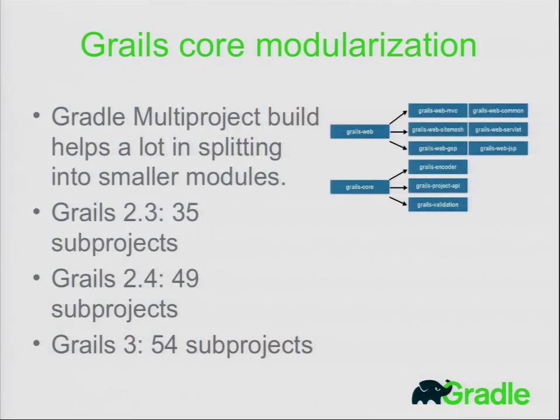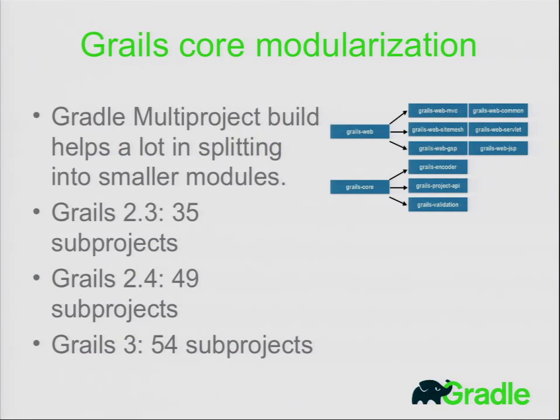So in this modularization process, Gradle multi-project build features helped a lot. And this work had already started about 2 years ago, long before the Grails 3 release. So I picked up some numbers from the number of sub-projects in Grails 2.3. It was 35, and in Grails 3 there's 54 sub-projects.